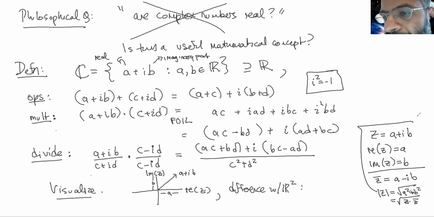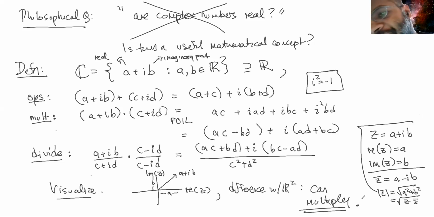Yep. I believe that you can't simply multiply two vectors in R2. The difference with R2 is you can multiply. So you should not think of this as a vector space, you should think of this as an extension of scalars.